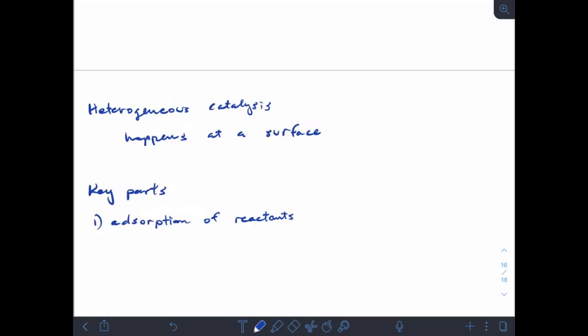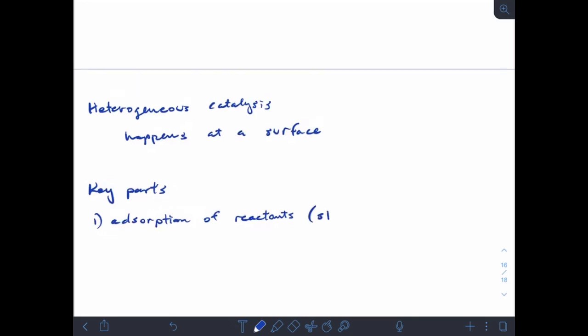If you're not familiar with the term adsorption, this just means things are sticking to the surface. Absorption with a B is something becoming part of something else. Adsorption with a D is sticking to a surface. They're 2 different terms. It's not actually a handwriting mistake. It is meant to be written that way.